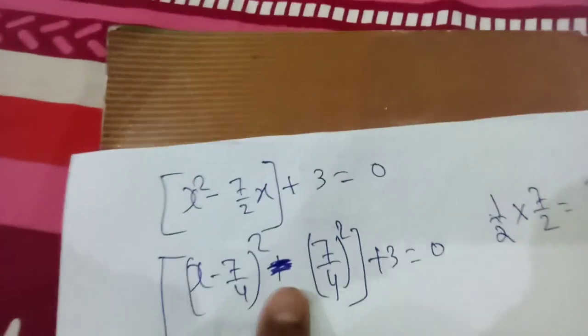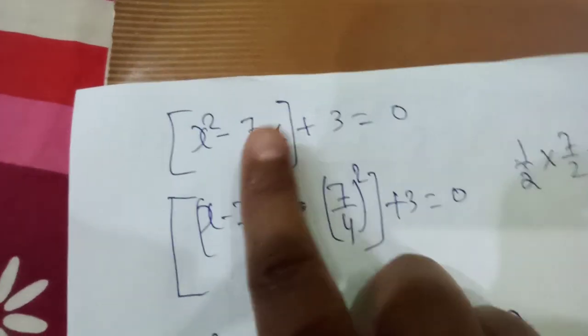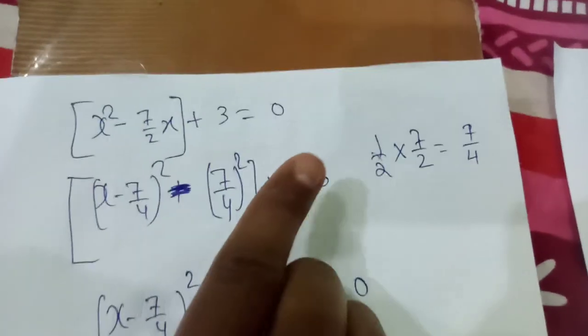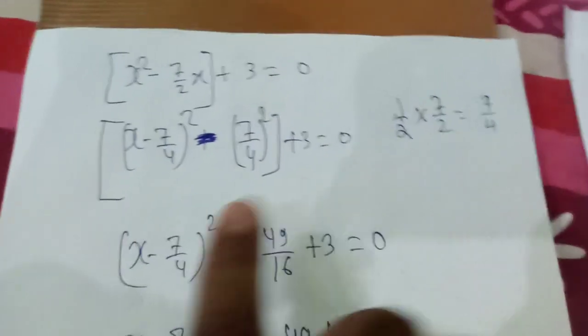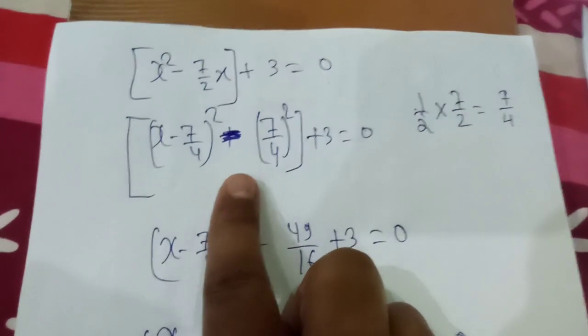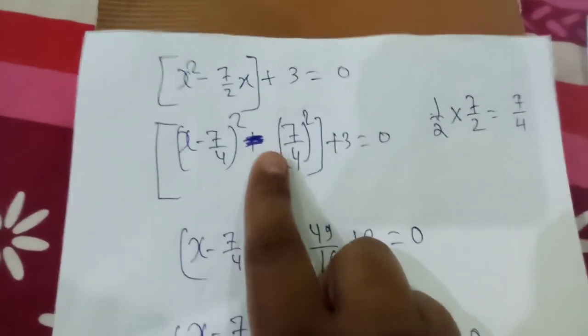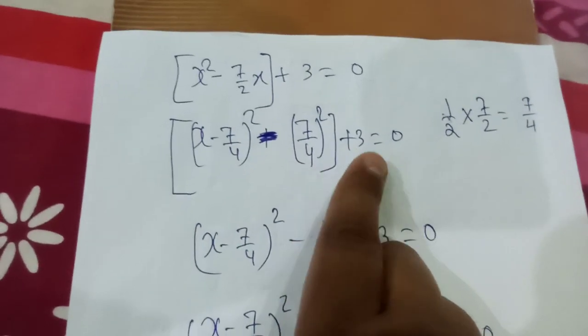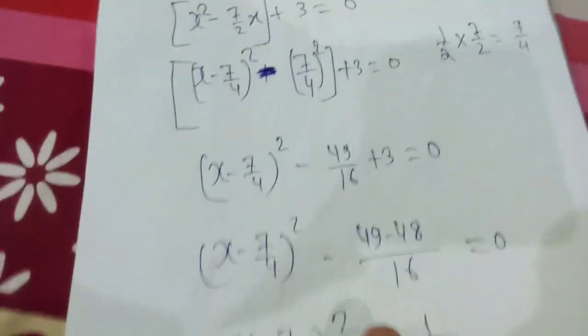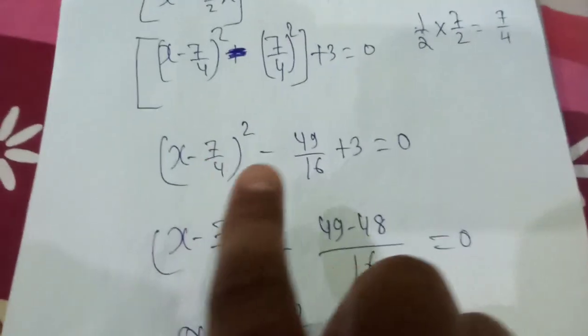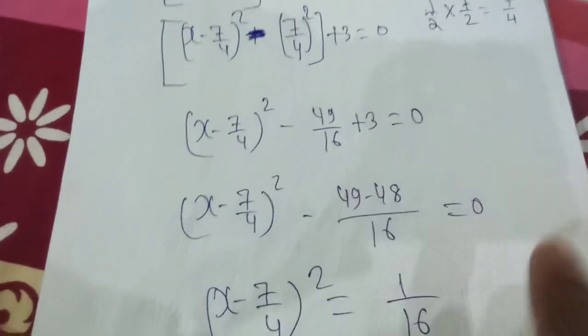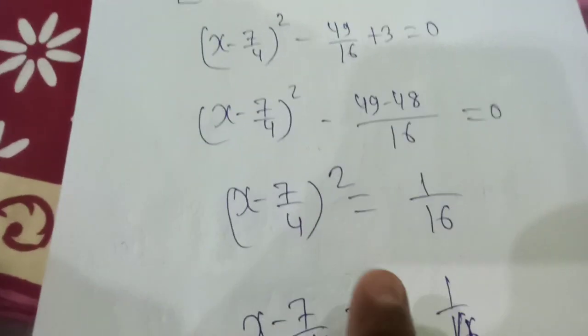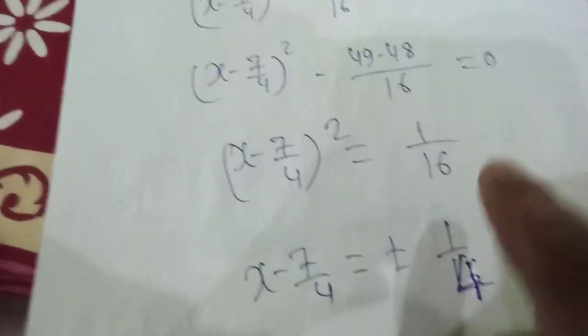Now by applying the same procedure here, multiplying half of the coefficient of x by 2, we get 7 by 4. So this is x minus 7 by 4 the whole square, minus 7 by 4 the whole square, plus 3 equals 0. Simplifying this, you will get x minus 7 by 4 the whole square equals 1 by 16.